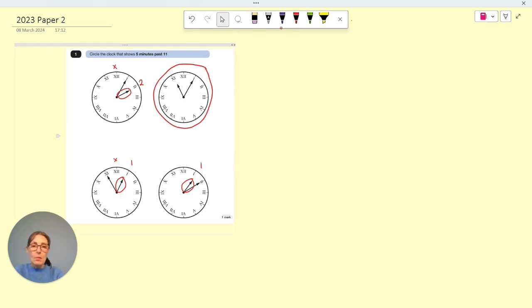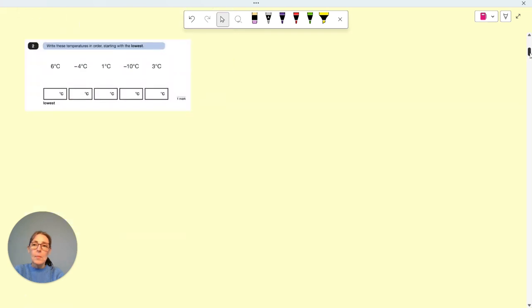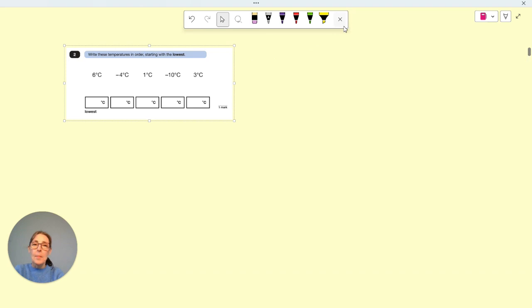Right, let's go down. Right, let's just drag that over here a bit. Okay. All right, so write these temperatures in order, starting with the lowest. Let's check the cursors over here, hiding.